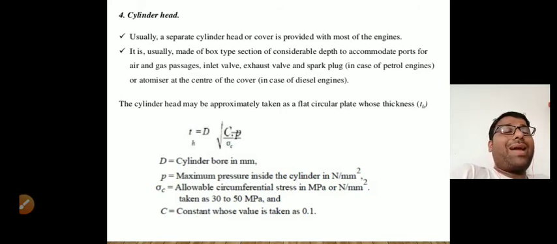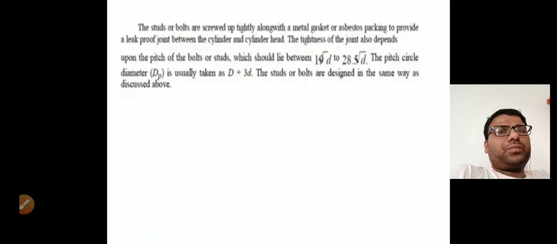Small p is the maximum pressure induced inside the cylinder due to the combustion of fuel. Capital D is the cylinder bore and capital C is a constant value which is 0.1.